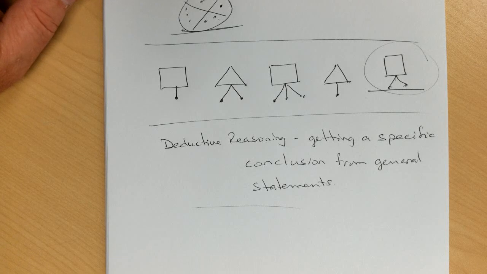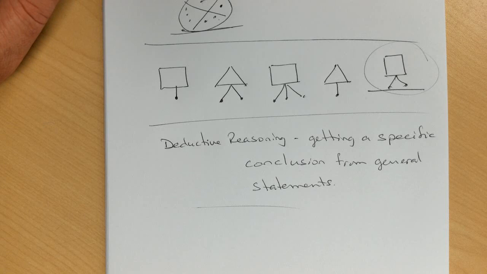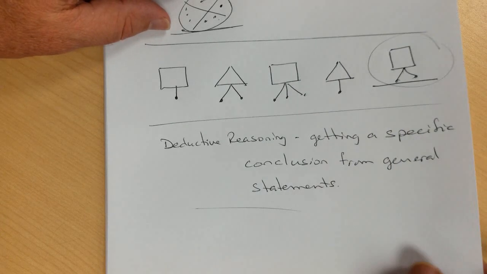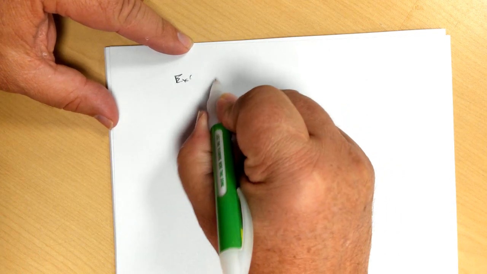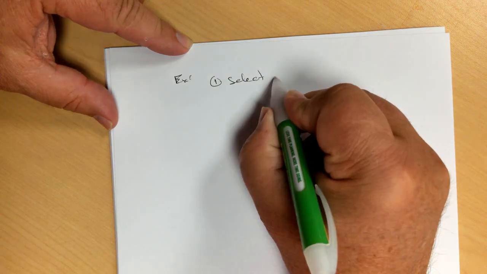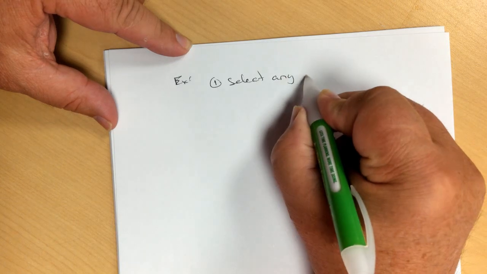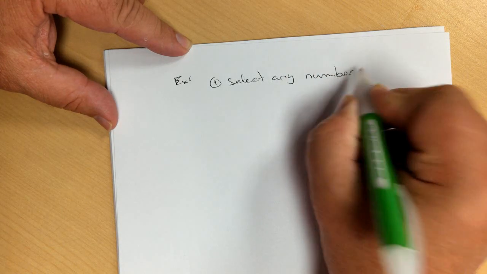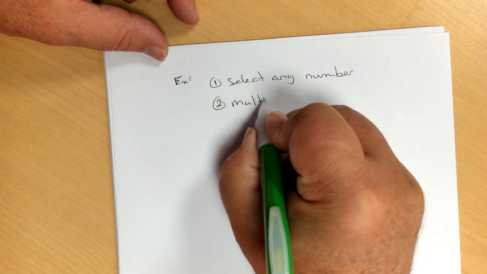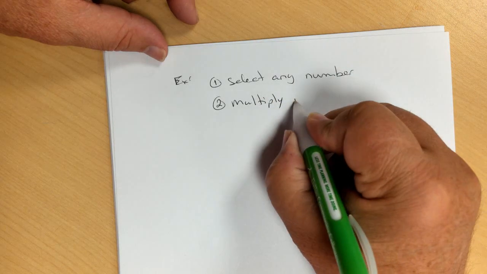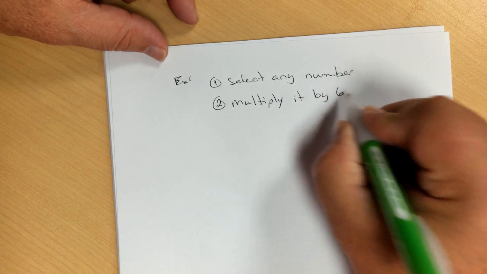Find pictures of this one. I have to write this one down. Okay, here it is. Step 1. Select any number. Multiply it by 6.